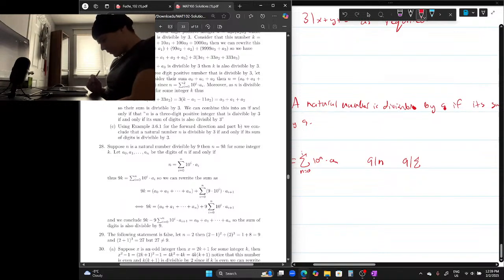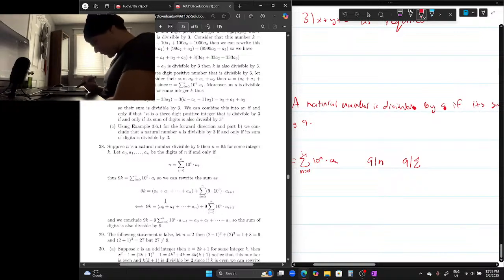Well, n is divisible by 9, then n is equal to 9k for some integer k. Thus 9k is equal to the sum of n times 10 to the i times a of i.